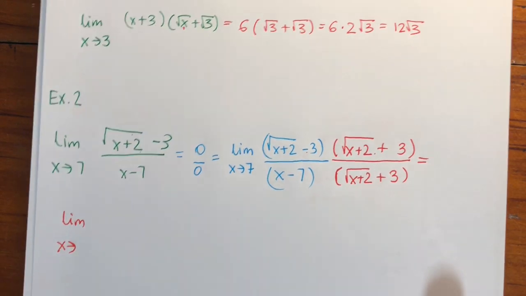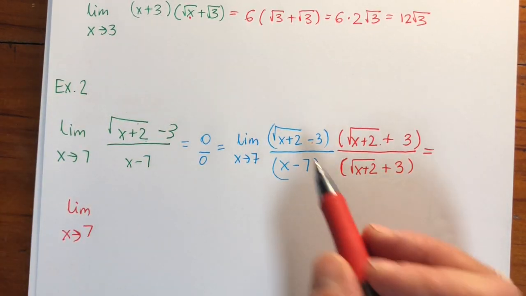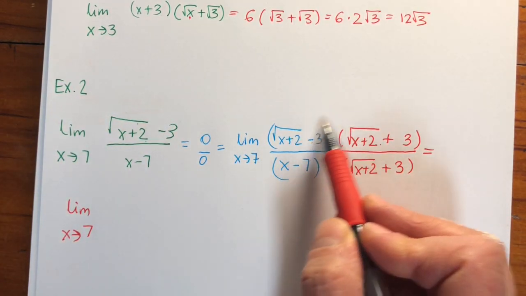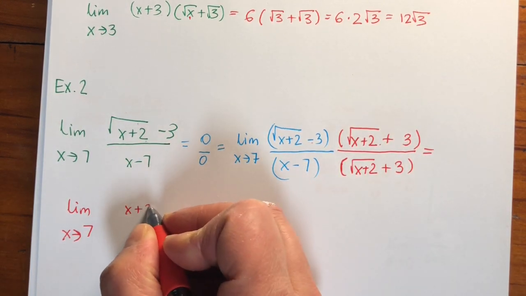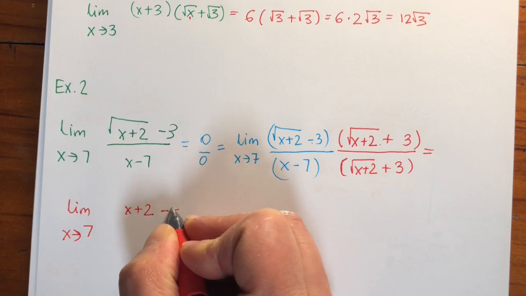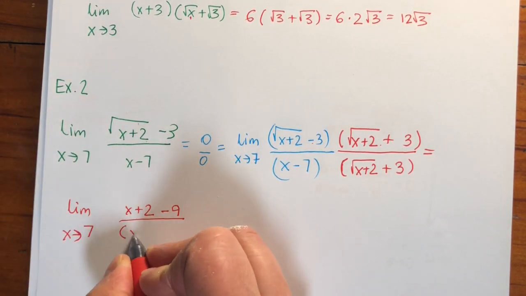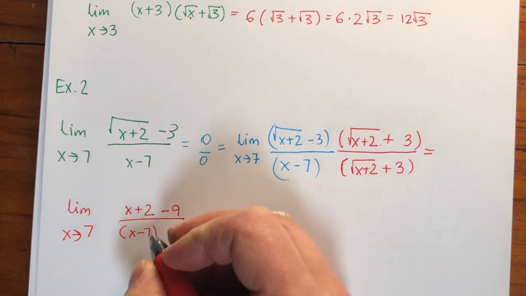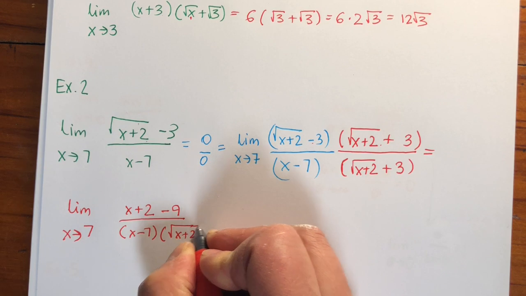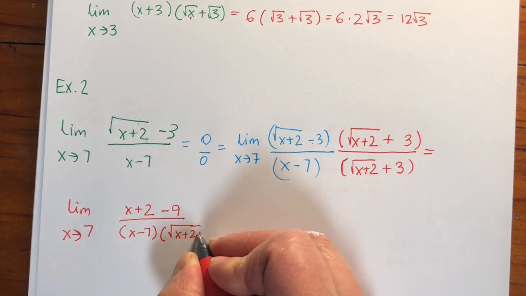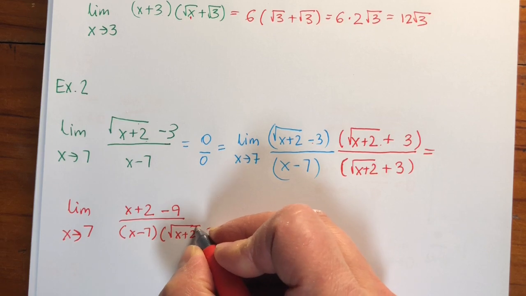Limit as x goes towards 7. Let's see what happens. Well, the conjugate, so again, this is giving me a difference of squares, so I will have x plus 2 minus 9 over, and I am not going to multiply it out. Again, remember, what you do want is to simplify, so you don't want to make your life more difficult. Well, this plus should be after the radical.